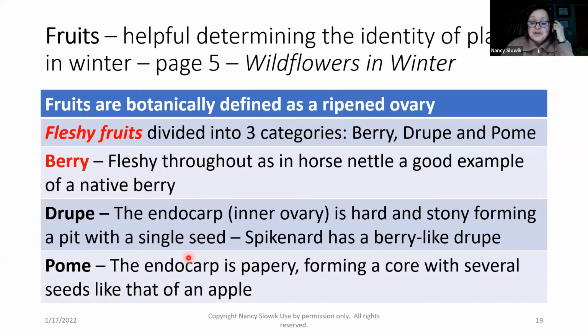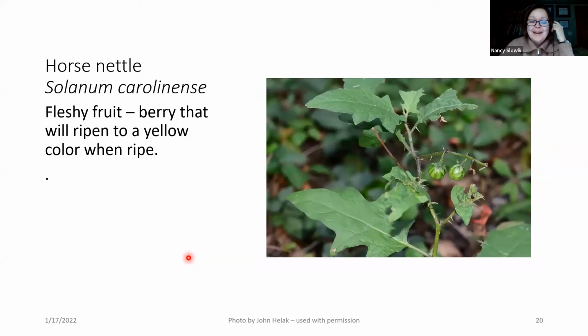We also look at fleshy fruits, and I've selected one, the berry, which is one of my favorites, although drupes are right behind. And this one is the horse nettle. This is clearly an earlier season, but these fruits that look like mini tomatoes and with stripes, let me just see if I can, sometimes I can put my magnifying glass, but it's not letting me today.